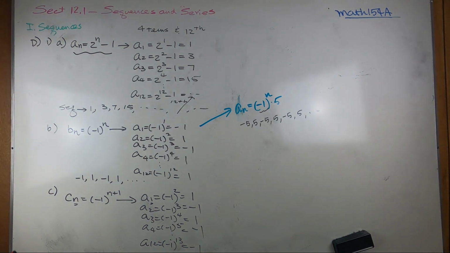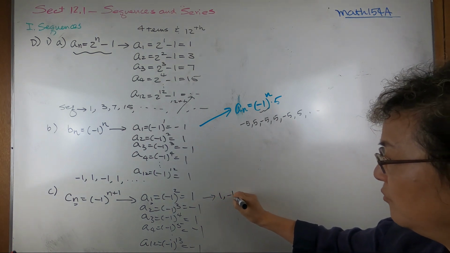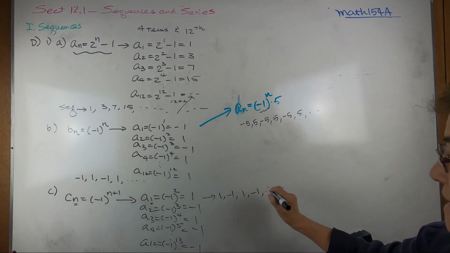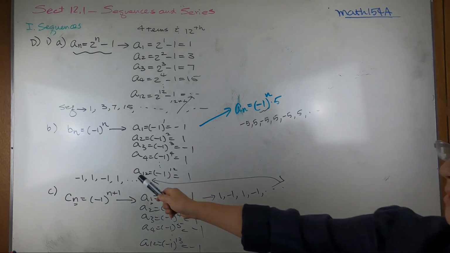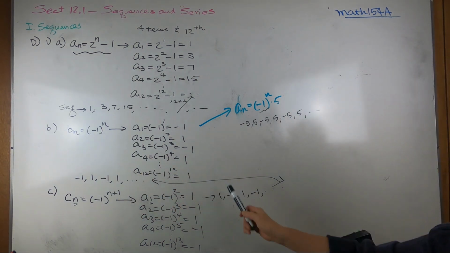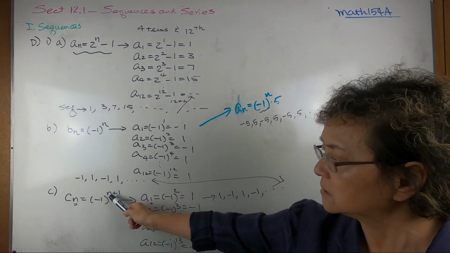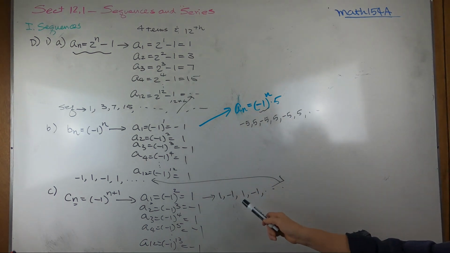Then, the pattern would be what? Start from positive. So it would be 1, -1, 1, -1, and so on. It's different from here, right? This one started from -1, 1, -1, 1. So if you increase your power by one, you flip the sign the other way.